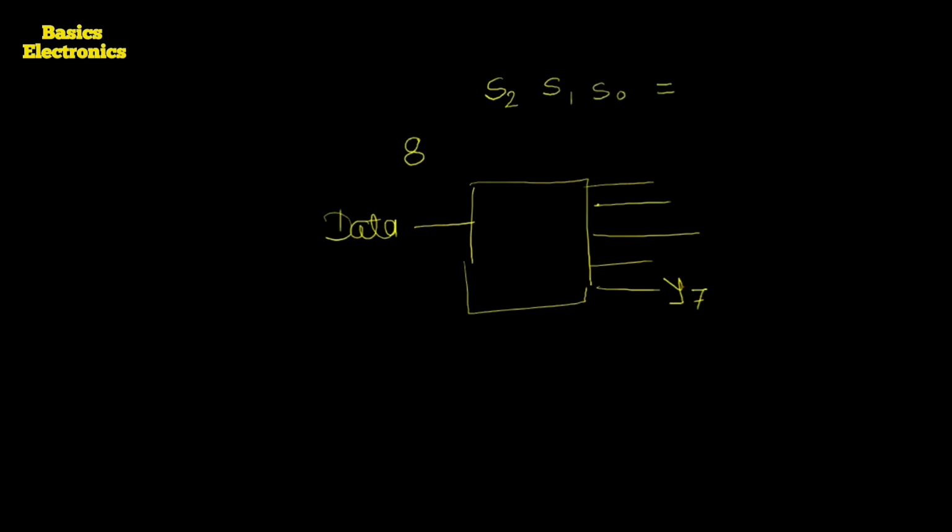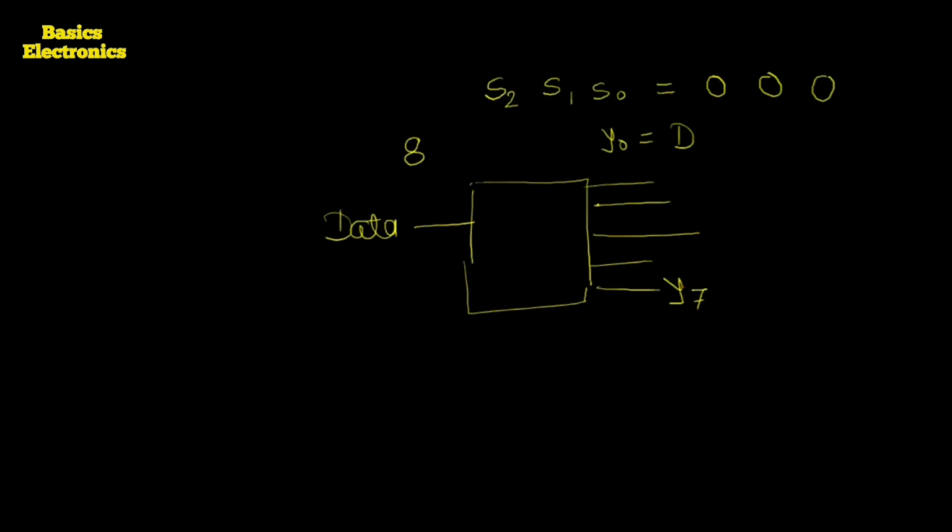When the select input S2 equals 0, S1 equals 0 and S0 equals 0, at that time only the first AND gate is in enable condition and the data is passed towards the output line y0. It means the output line y0 equals d. At that time, the remaining AND gates are in the disable condition, only the first AND gate is in enable condition.